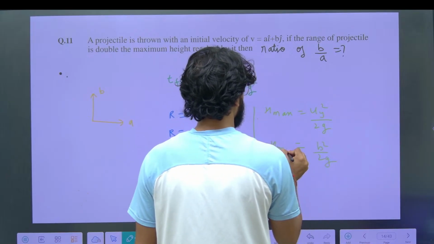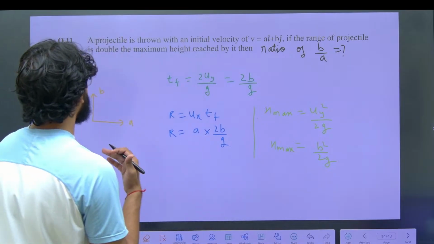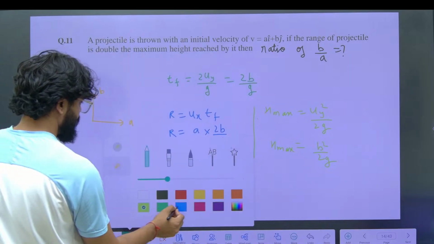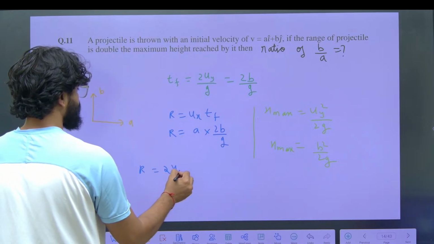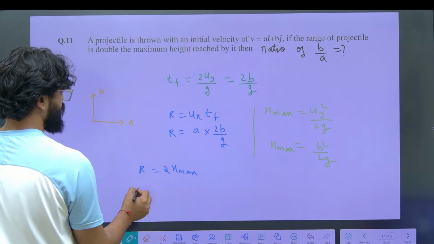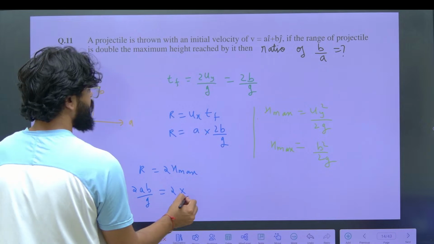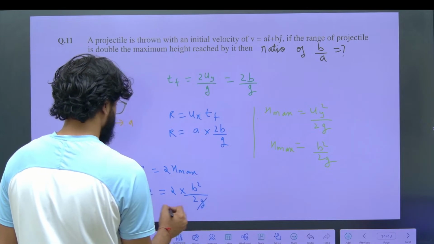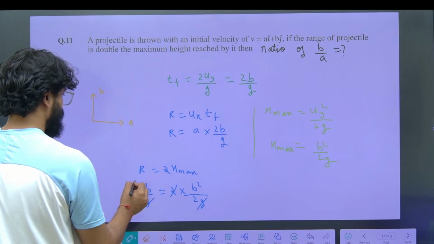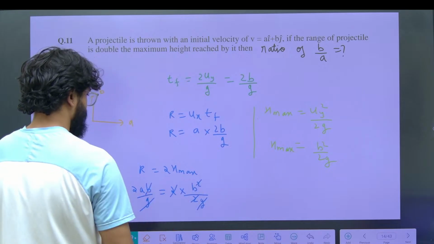Okay. Now what relation they have given? They have said that the range of the projectile is double the maximum height. So basically they are saying R is twice the h max. So 2ab by g equals to twice b square upon 2g. खत्म. ठीक है. 2 cancelling out, b cancelling out.